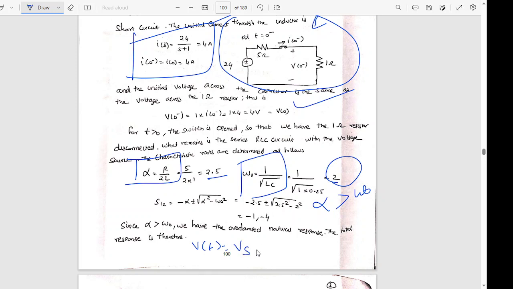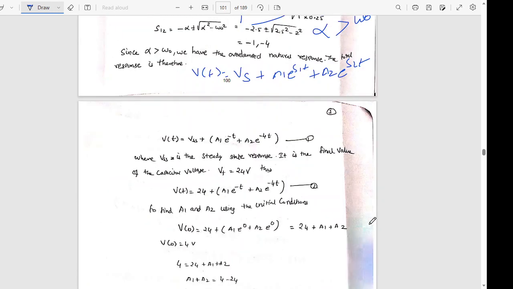For the overdamped case, what is the formula? For every case Vs should be there, plus A1 e power S1t plus A2 e power S2t.